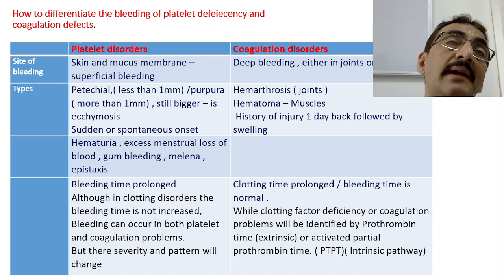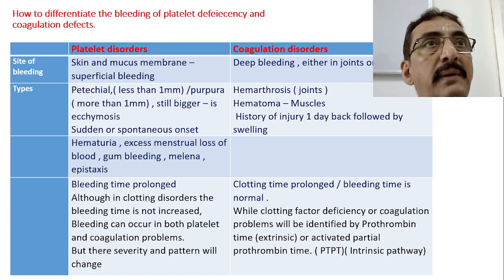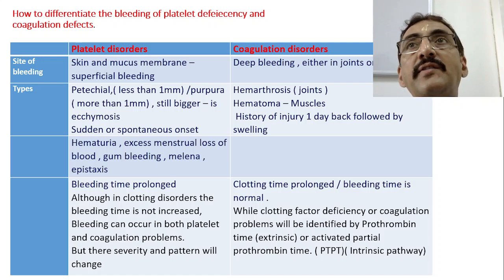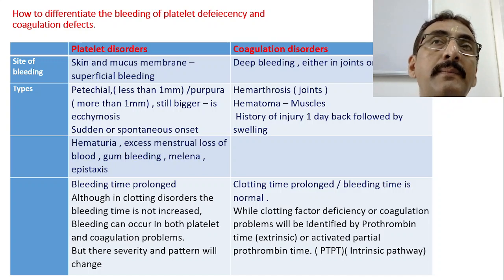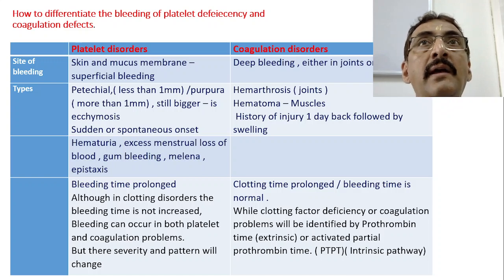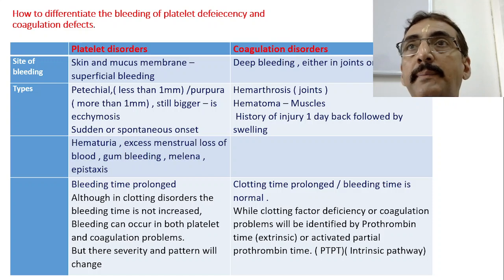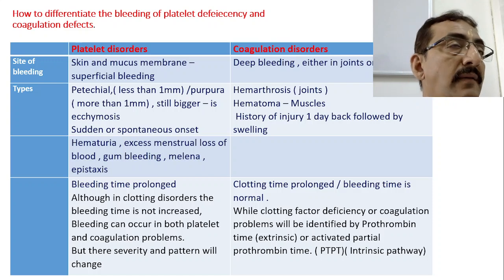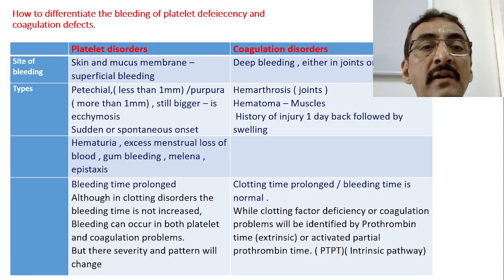Now, in platelet disorders, the bleeding can be in the skin, mucous membrane, superficial areas, etc. But other forms of blood loss can also be seen. For example, blood can pass through the urine, leading to hematuria. In adolescent girls, excess menstrual blood loss may be there.